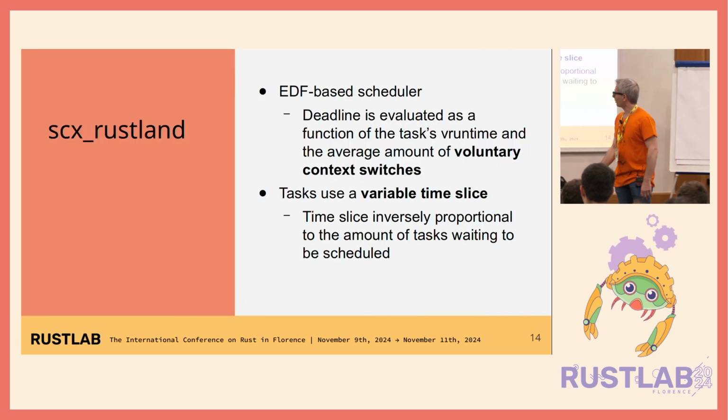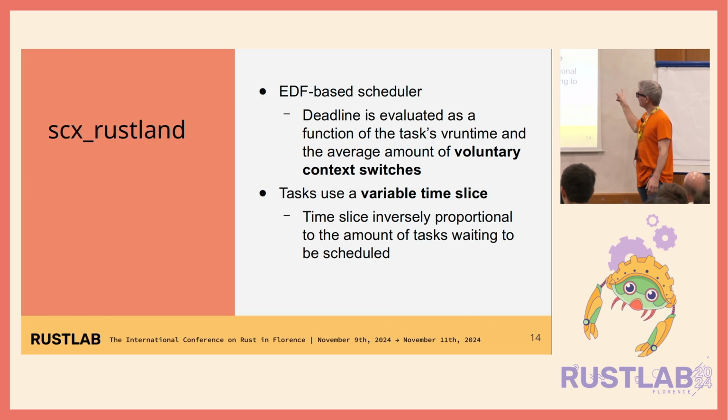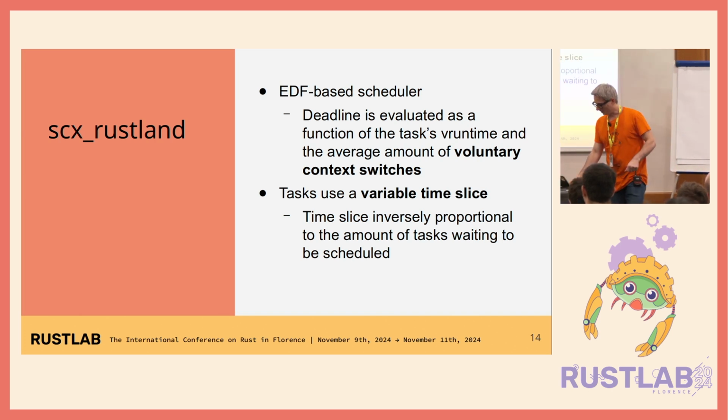I call that rustland because it's like userland, but in Rust. It's just a deadline-based scheduler, nothing special, nothing fancy. Tasks use a variable time slice, and it prioritizes tasks that are doing a lot of voluntary context switches. And I'll explain later why.